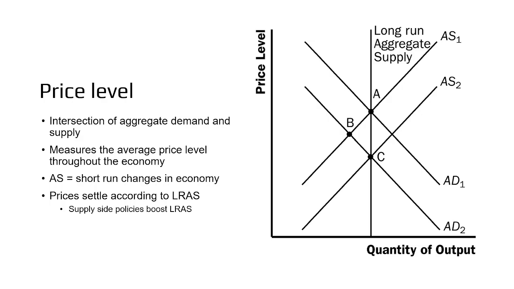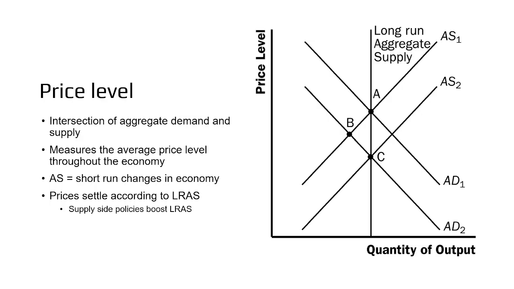So this could be, for example, say there was a new vein of coal found somewhere. That would boost the short-run aggregate supply, but if it was quite a small supply of coal, the long-run aggregate supply wouldn't shift.